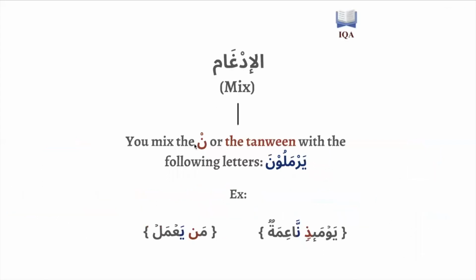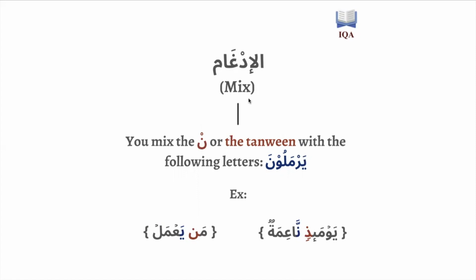So al-idgham is that you mix the nun as-sakina or the tanween with the following letters: the ya, the ra, the mim, the lam, the waw, the nun. Any time you see one of these letters coming after a nun as-sakina or a tanween, you're going to do al-idgham, you're going to mix.